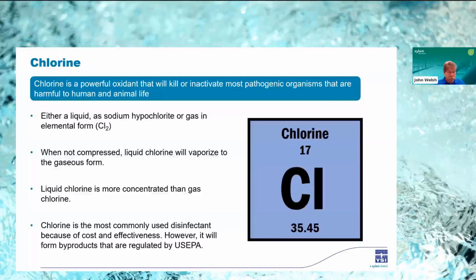In its elemental form, chlorine is a gas. Under pressure, it becomes a liquid. At atmospheric pressure, it is in the gas phase, but it can be pressurized to create liquid chlorine. This is an important point because liquid chlorine is much more concentrated than it is in the gas phase.